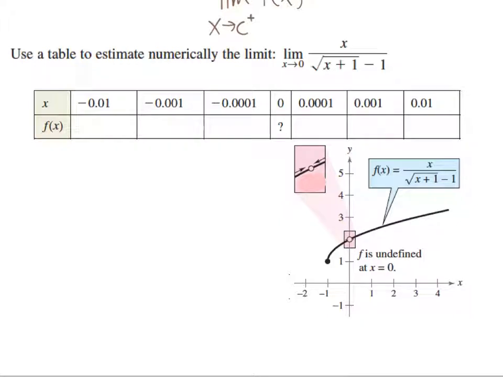You'll notice there is a hole in that graph. Now, this is what's cool about the limit. We can still find the limit as x approaches 0, even though the function is undefined when x equals 0. Because it doesn't matter what the function equals, it matters what the function is approaching from either side.